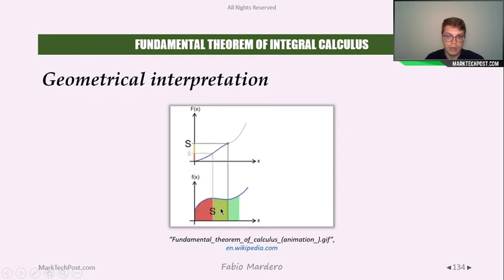So we get this one and that one as the lower and upper sums. So the area, upper S minus lower S, is exactly equal to F of b minus F of a.